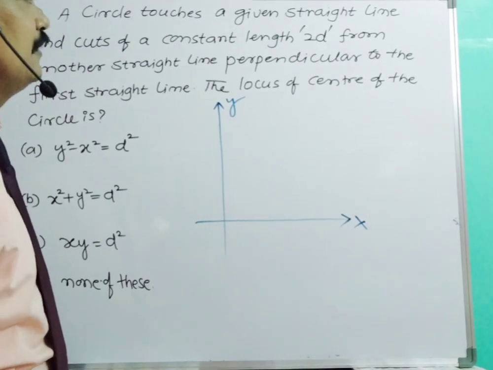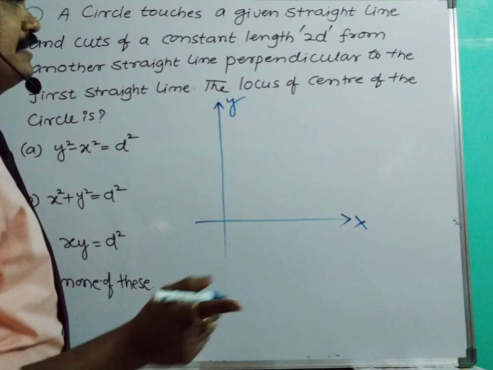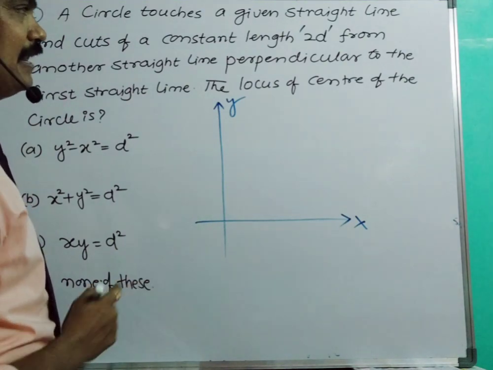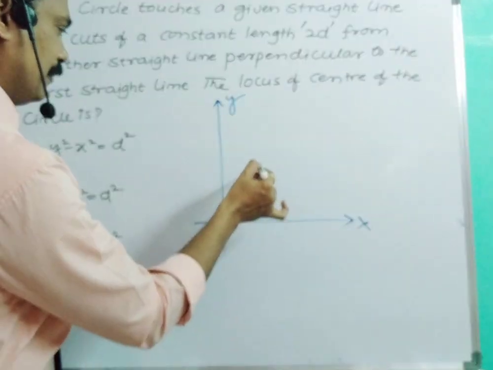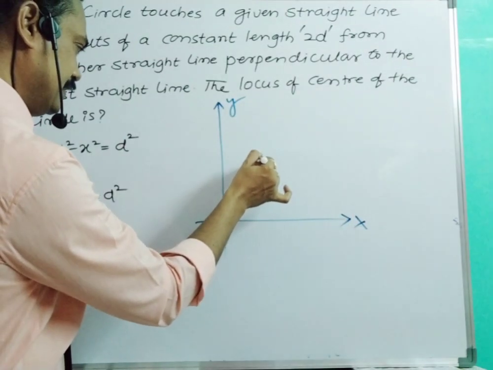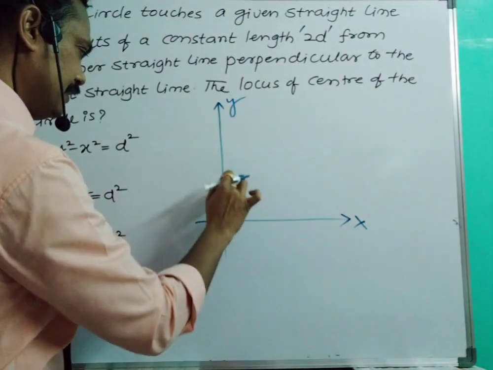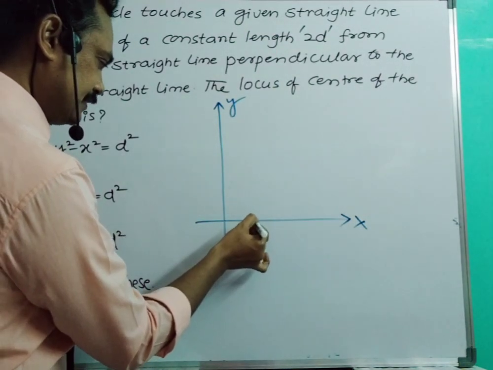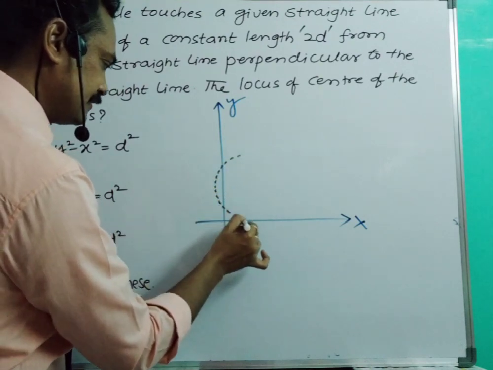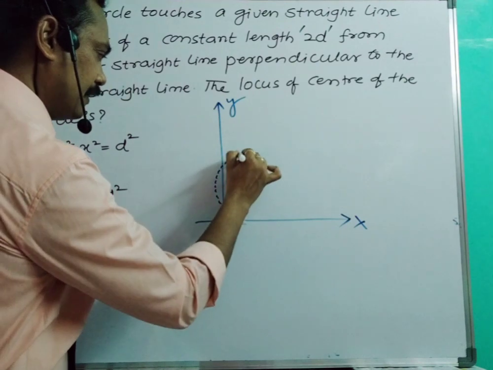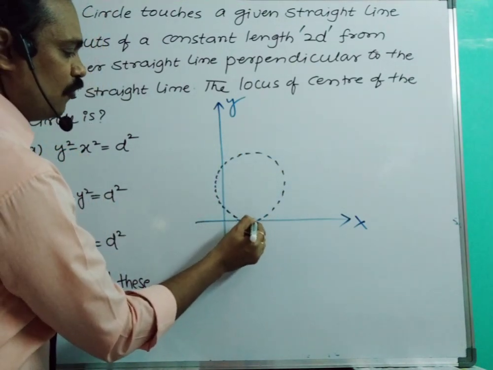Now our circle is touching one line and intersecting another line. Let us suppose our circle is touching the x-axis and intersecting the y-axis.